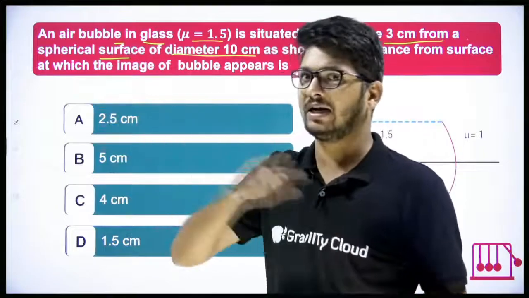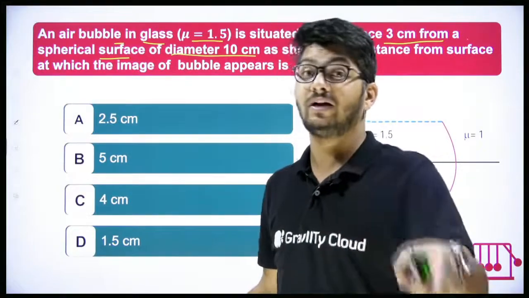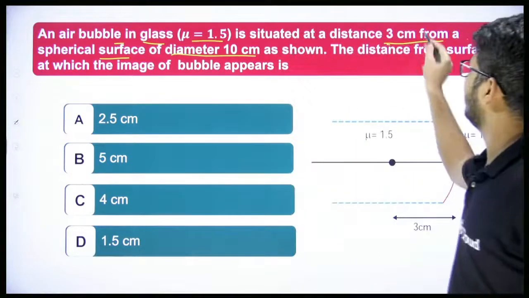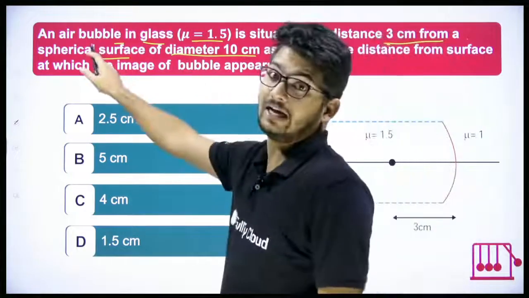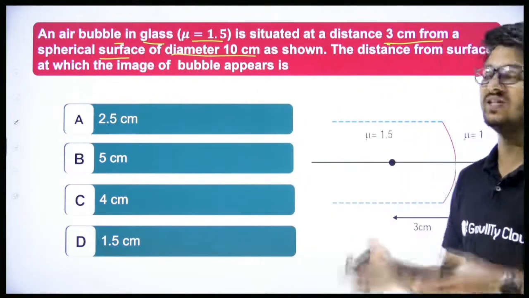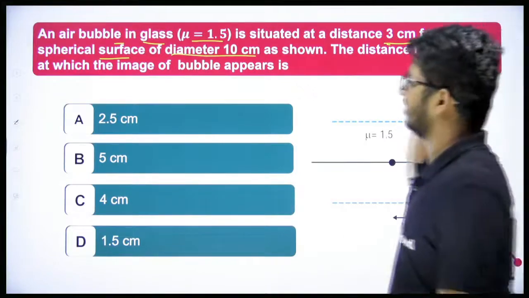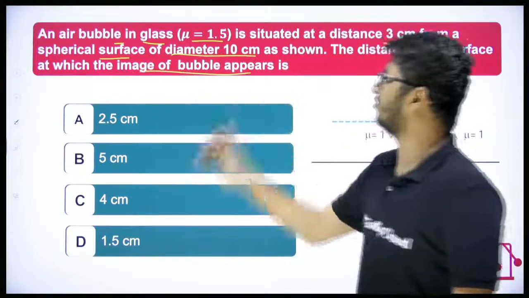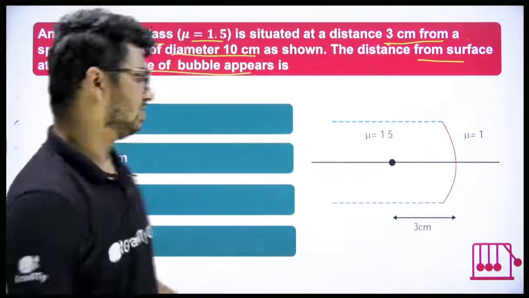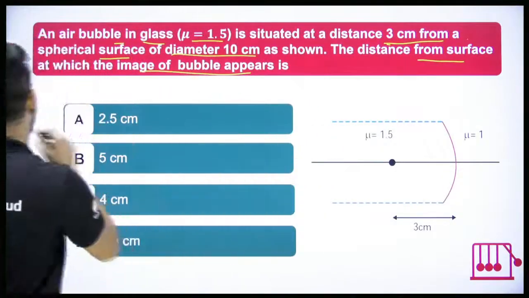Diameter 10 centimeter, radius 5 centimeter. You have to be careful. So here 3 centimeter is the distance of the air bubble from the spherical surface. So that would be the object distance. The distance from the surface at which the image of the bubble appears is asked, so we have to find the image distance. Everything is given. In fact, the image is also given to us.